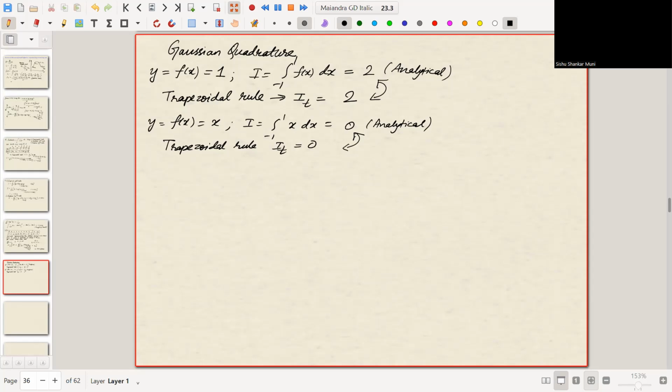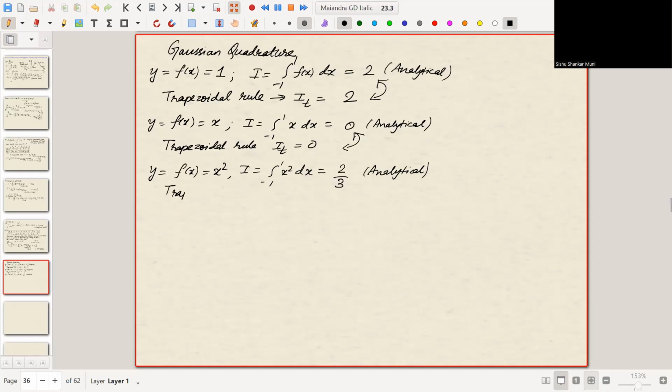All right. Now things will get different when you take y equals f(x) equals x square. This is not linear. Now compute this. What is this? Okay.